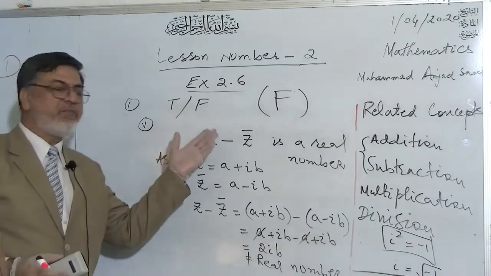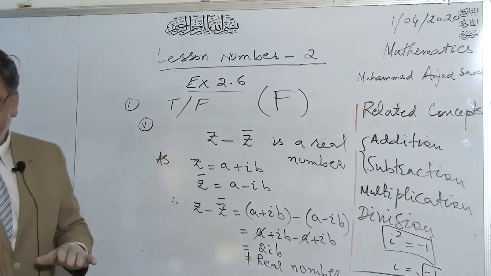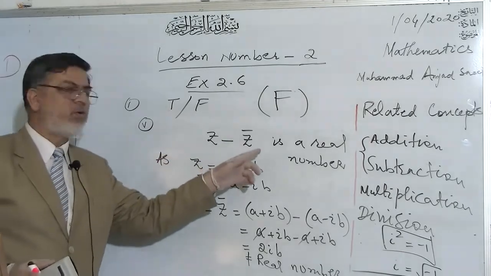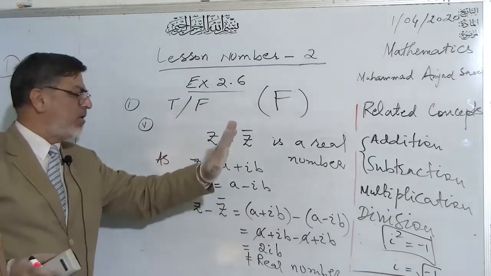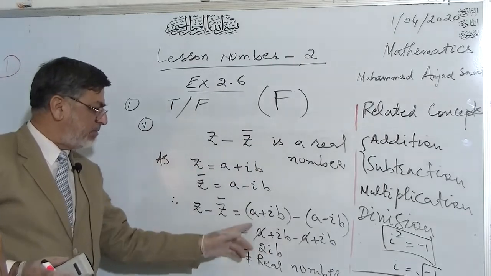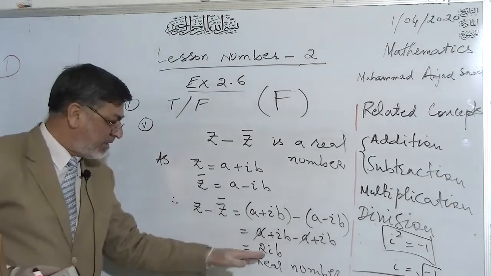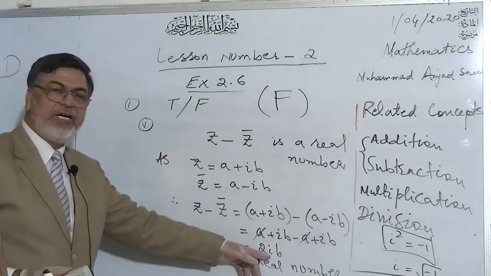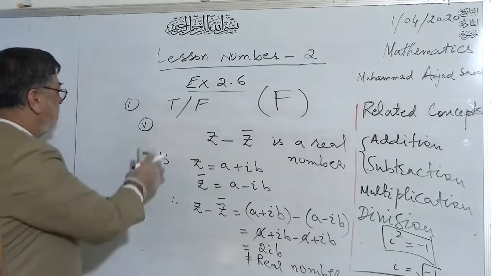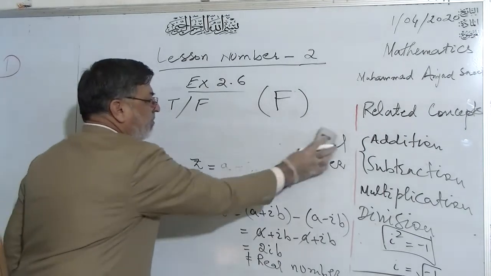So we have the difference of a complex number and its conjugate is a real number. It would be a real number only if we got the real part, not the imaginary part. But here we don't have a real number because iota is involved. That is part number 5.